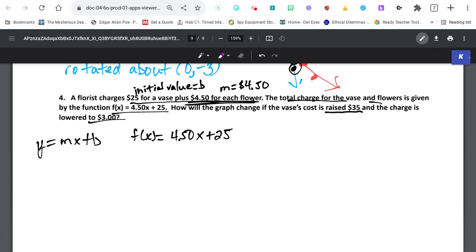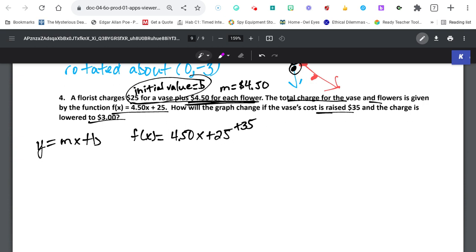It didn't say raise the cost to $35. Let's just leave it at 35. So if I raise this cost 35 and the initial value is initially 25, that means I've got to add 35 to it.